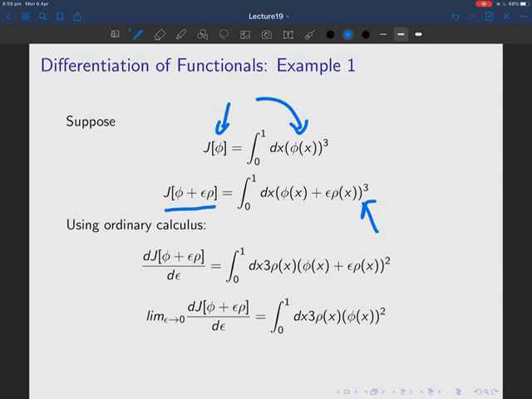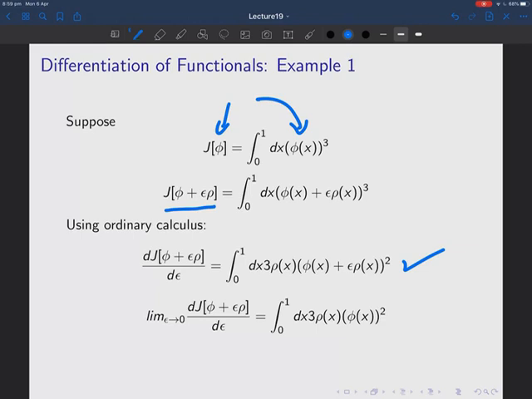Then we use ordinary calculus. We find dj d epsilon, and we bring the derivative down under the integral: we get the 3 going down here, we get the rho, and we get phi plus epsilon rho squared. So all I've done is differentiate under the integral sign with respect to epsilon.